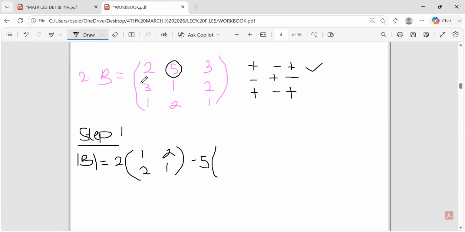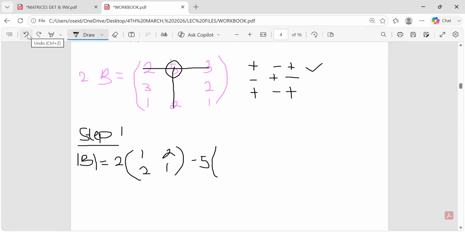And we assume that once we've taken element 5, the second component from the first row, row 1 does not exist anymore, and column 2 also does not exist anymore. So we are left with the components 3, 2, 1, 1. We multiply 5 by what?